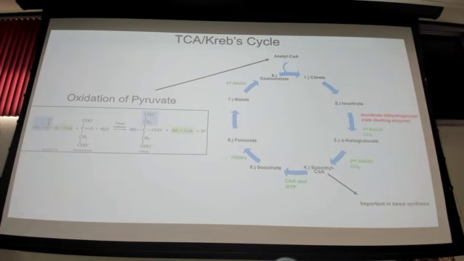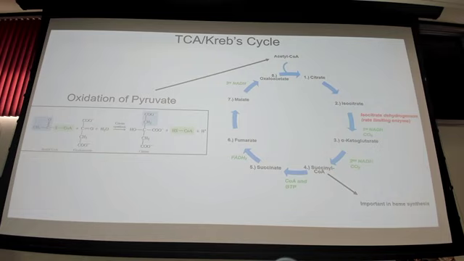As we go through the turn of the TCA cycle, this is the summary slide I was talking about. The most important components are the rate limiting enzymes, not actually which step it occurs at, but what the rate limiting enzyme is, which is isocitrate dehydrogenase. Whenever you see a dehydrogenase enzyme, there's going to be an NADH produced. That is a clue that you're going to get your first NADH from the TCA cycle.